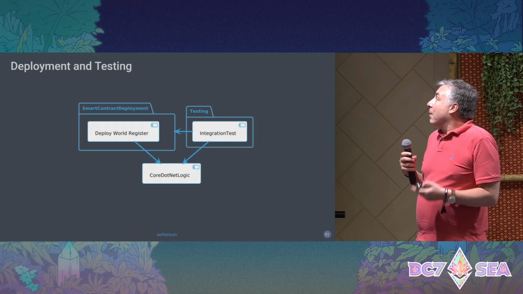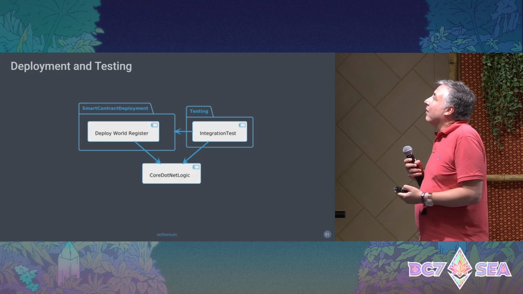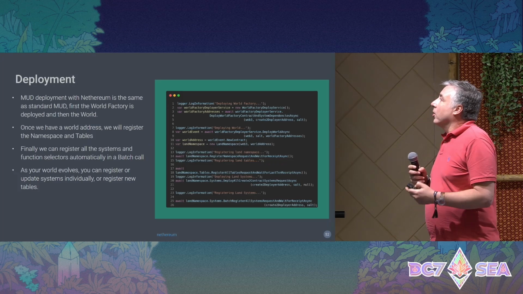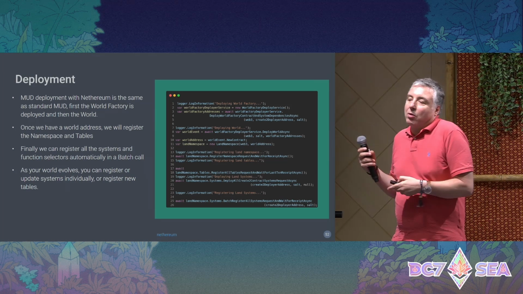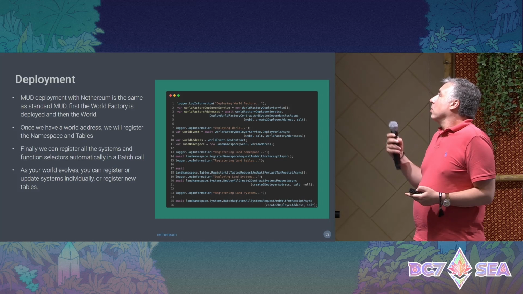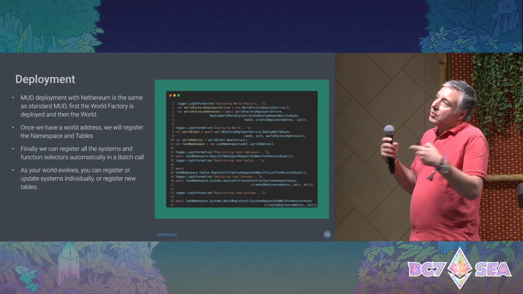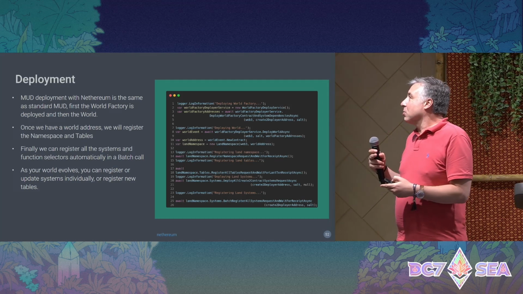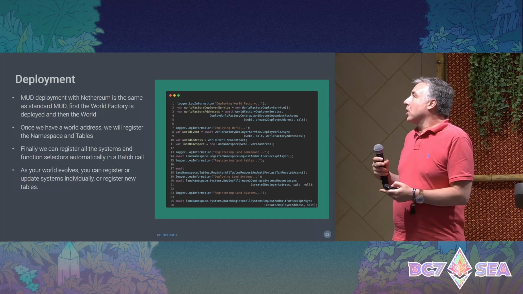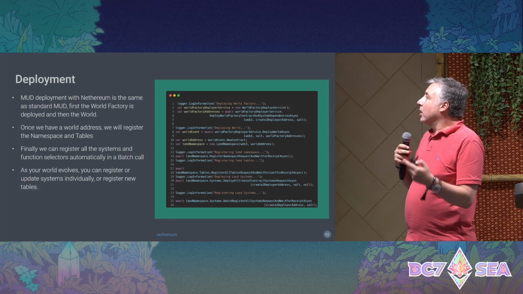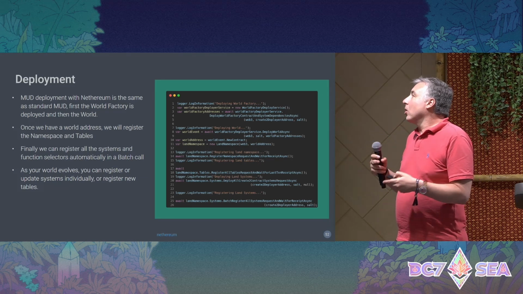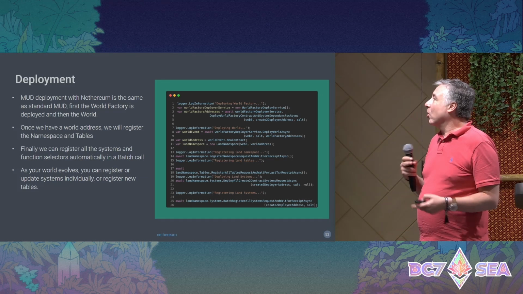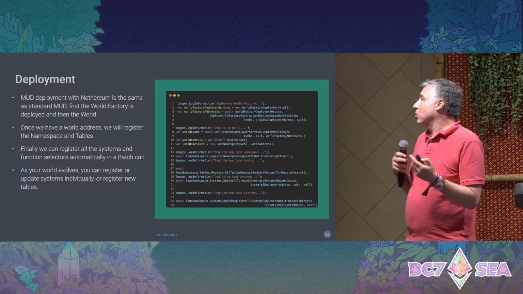Apart from this, we have deployment and testing. If you want to deploy with Nethereum, Nethereum also has the MUD smart contracts, deployed using the World Factory, etc. Then you deploy your tables, configure the tables and systems, and register all the functions.